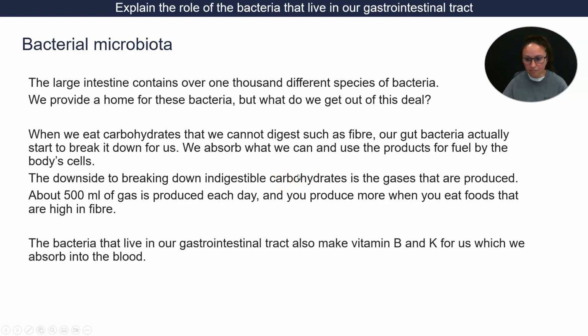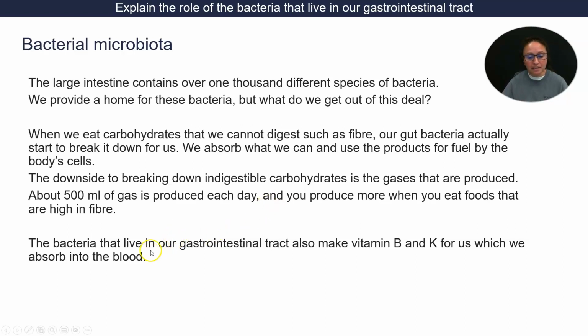You know what they say about beans. Beans, a musical fruit. The more you eat, the more you toot. So the more indigestible carbohydrates, the more gas will be produced by these bacteria that are trying to get some energy for us, because we have provided them a home. So they're going to do something in return.